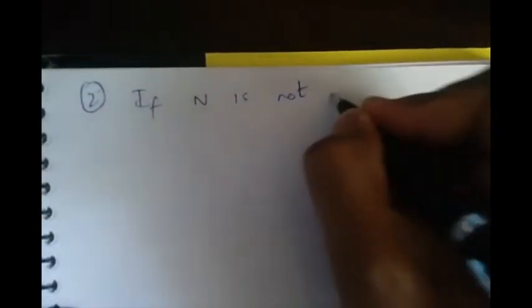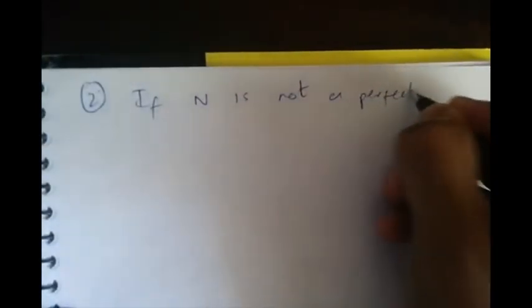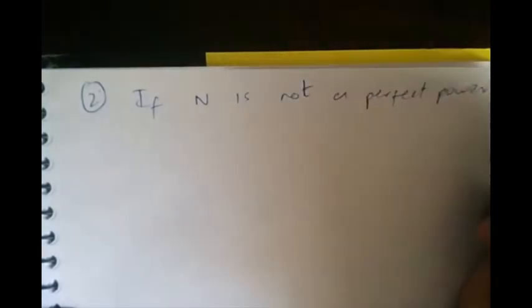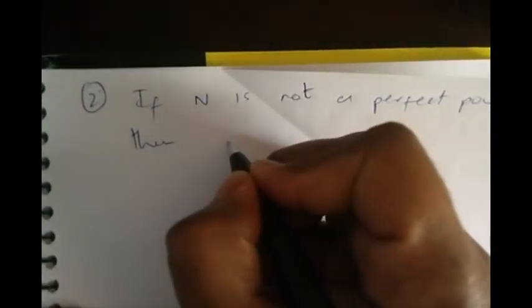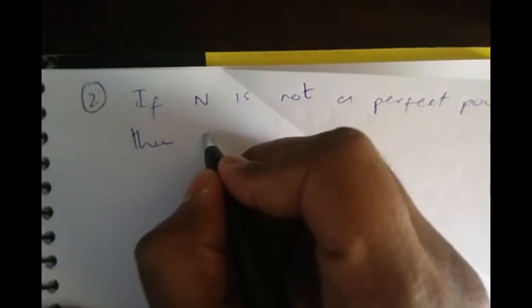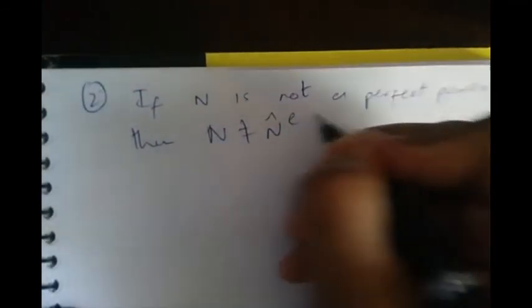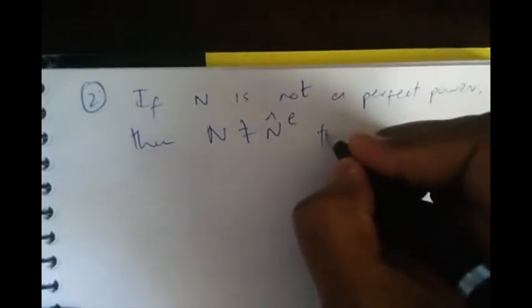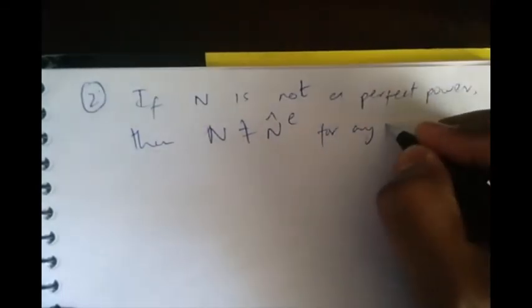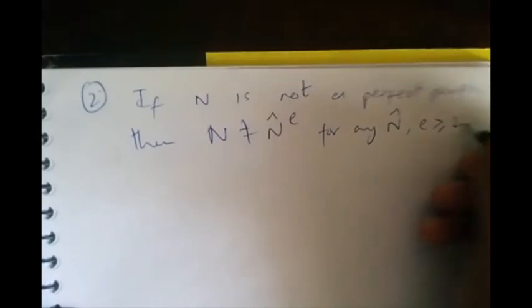So if n turns out to be not a perfect power, then there are two cases. Then n is not equal to some n hat raised to e for any n hat and e greater than or equal to 2.